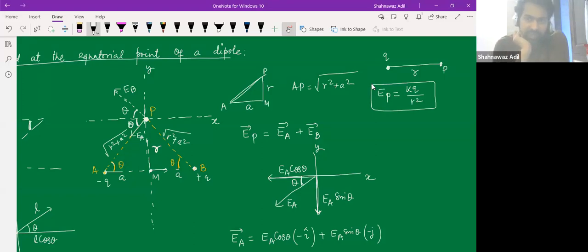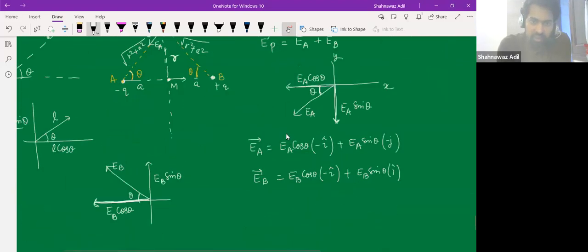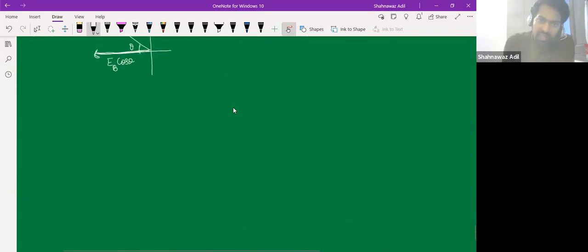Yes, sir. So similarly, if I calculate the magnitude of this minus Q charge at P point, I'm calculating EA magnitude, right? So for EA magnitude, this is point P, this is point A, this distance is root of R square plus A square. This is minus Q, so we take only the magnitude part.